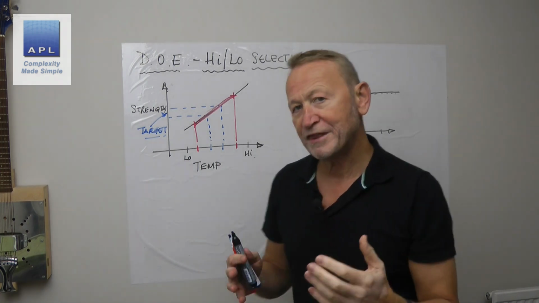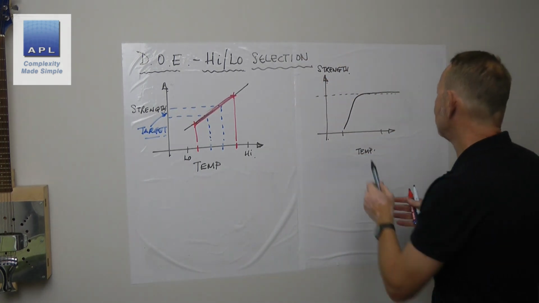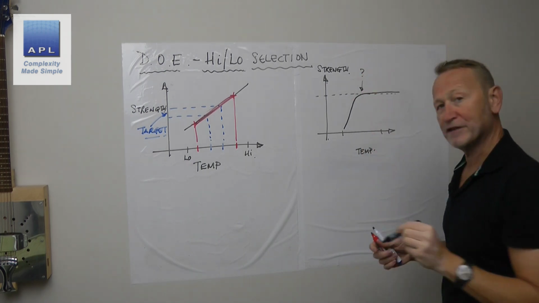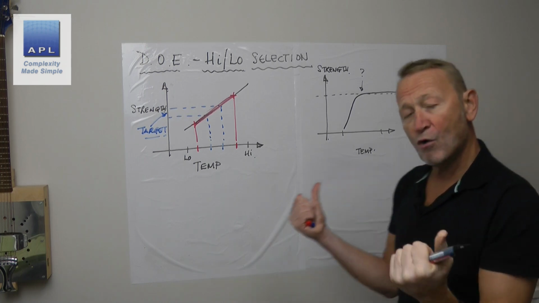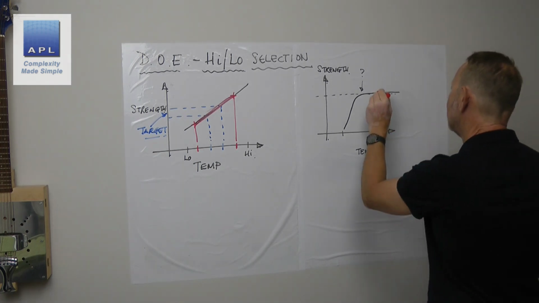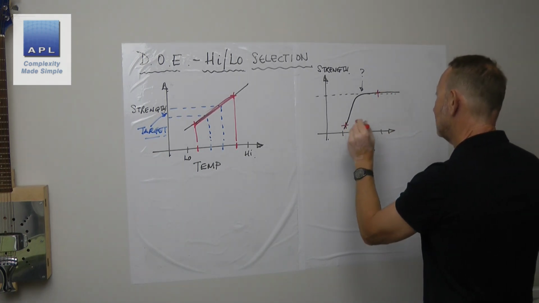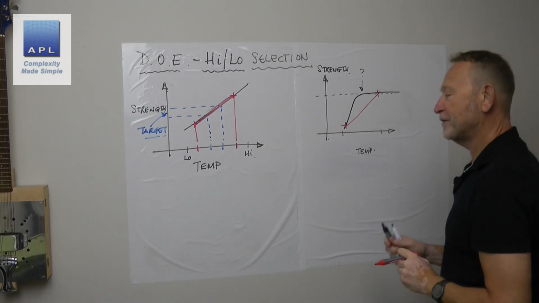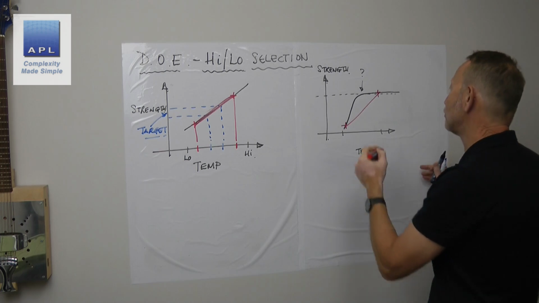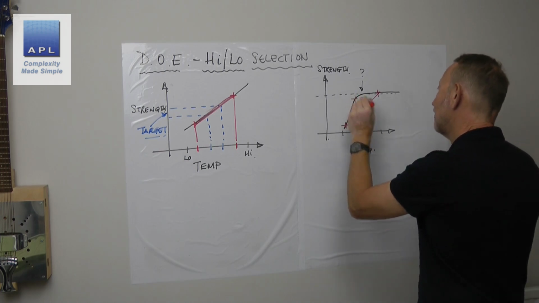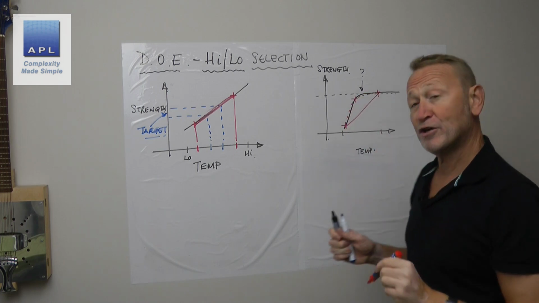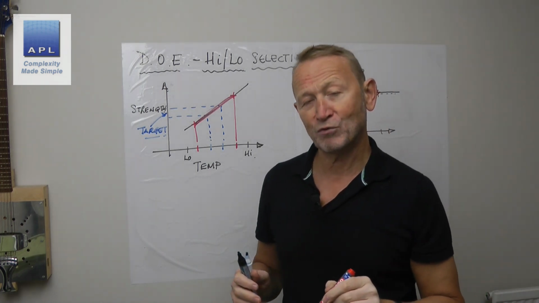Now, the trouble with that type of system is, of course, you don't know where the knee of the graph is. So when you open your design space up, there is a danger that you might test here and here and fit a model that looks like that. That might not be the worst thing in the world, because you could tidy that up with a 3-level DOE, and maybe the curve might work.